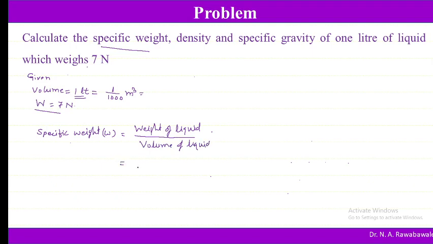Now weight of liquid is 7 Newton divided by volume, which is 1 divided by 1000 meter cube. So simplifying this, 7 into 1000, that is 7000 Newton per meter cube. So this is weight density.